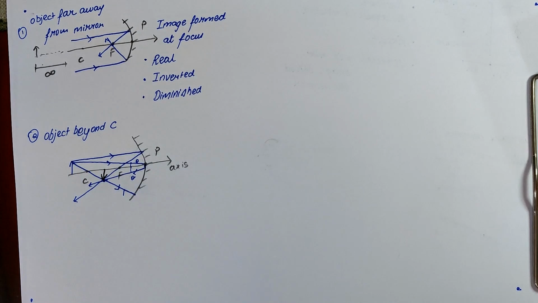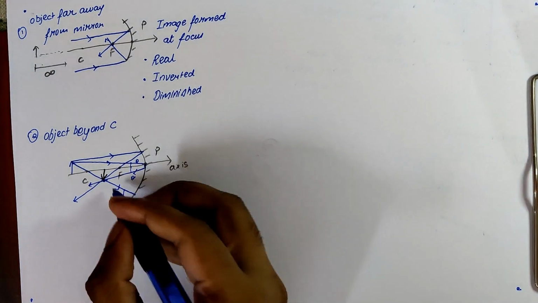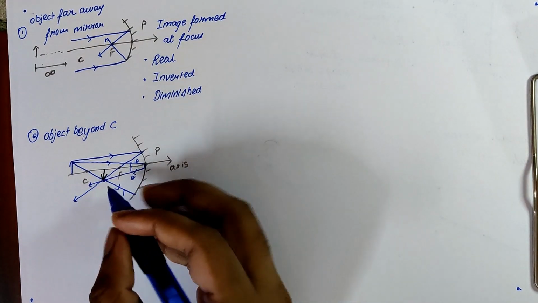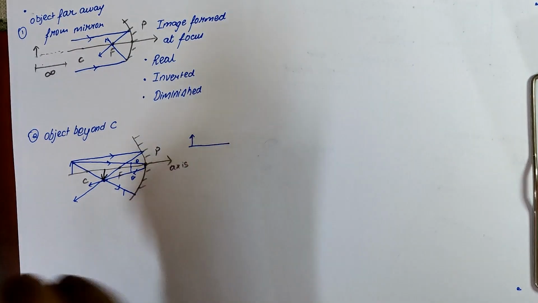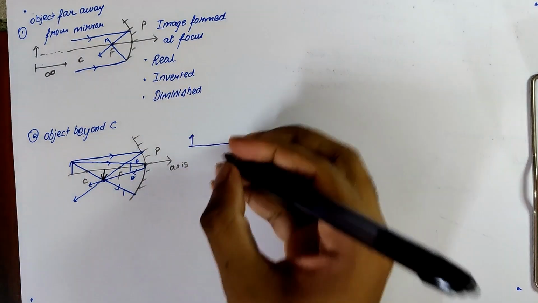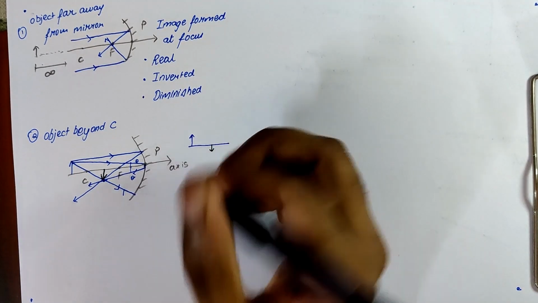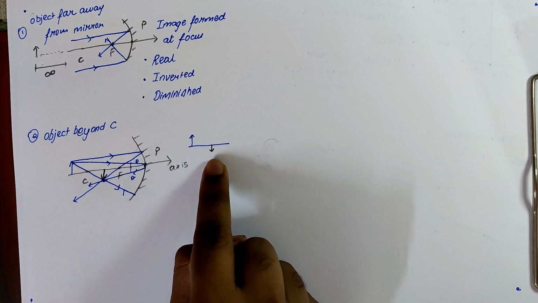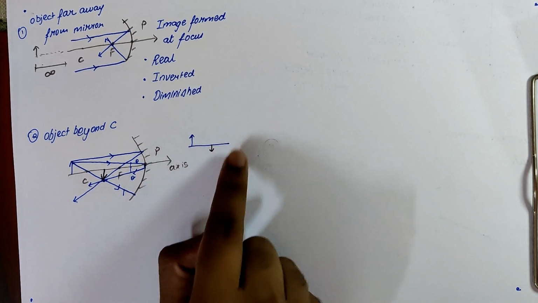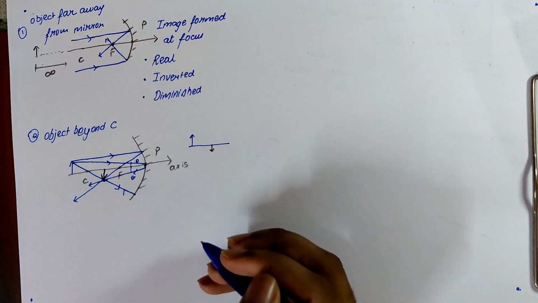So the tail is on the axis, the head is inverted. Then clearly see that this is the object and this is the image. You see that the object is bigger in size, and the image is smaller in size.